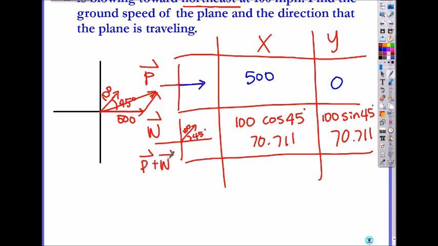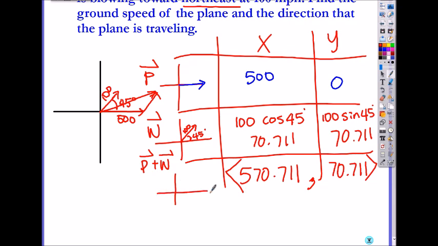So 500 plus 70.711 is 570.711. 0 plus 70.711 is 70.711. So this is the component form of your resultant vector, which will be somewhere here. x is 570.711 and y is 70.711.